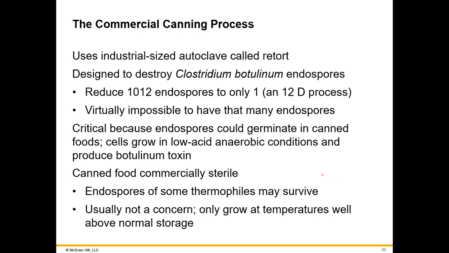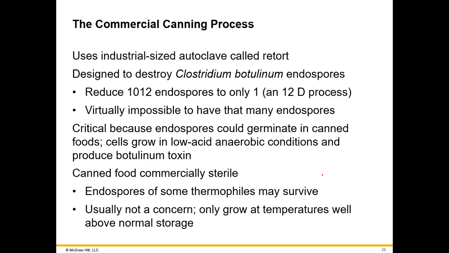The minimal process in the production of the canned food needs to be able to reduce 10^12 endospores to only 1, a process known as the 12D process. Now, this was established because it is virtually impossible to have that many endospores.